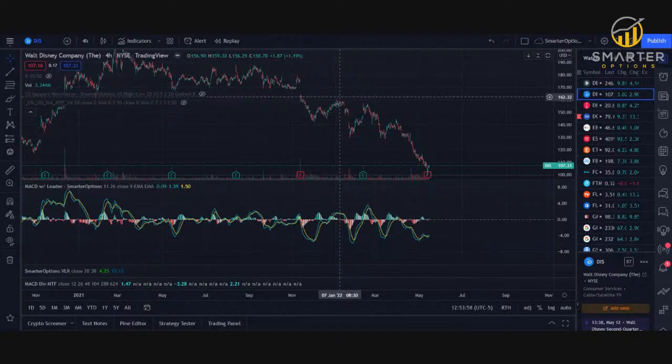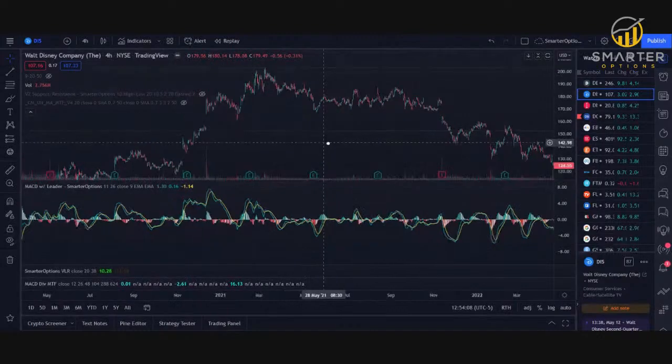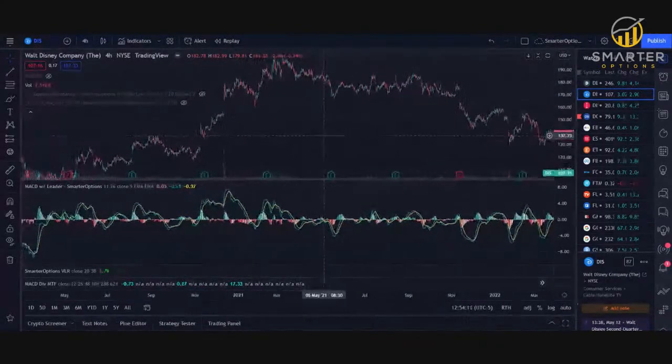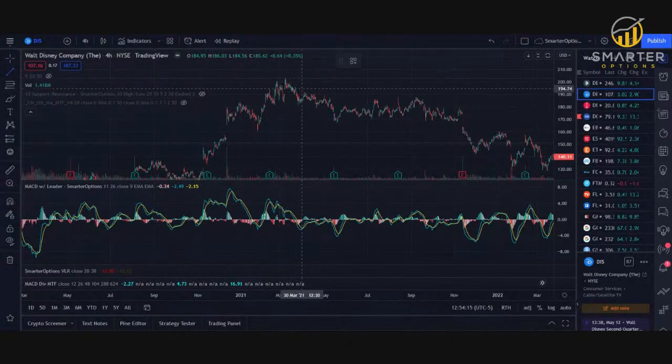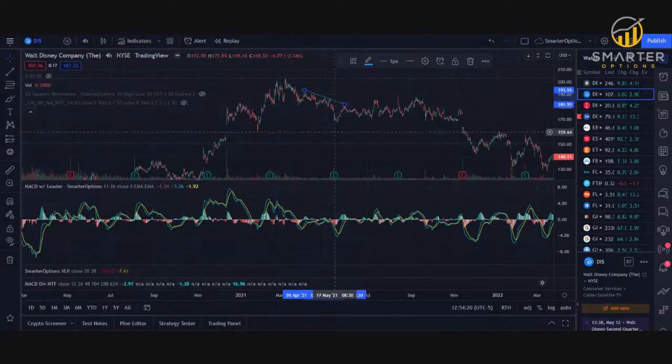Let's find a divergence here. Okay, here's one. So from here to here, we had lower highs. Oh no, that's not right.